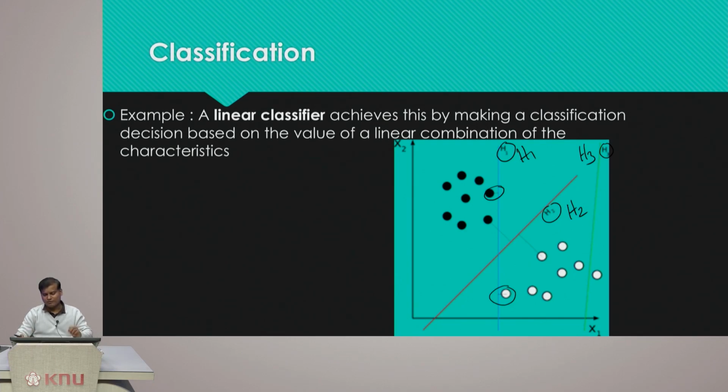Let me give an example. If you want to have a review for movies, you want to know whether this movie is good or bad, and if you want a classifier to classify this movie as a good movie or a bad movie, then you would like to have a classifier that clearly shows you whether this is a good movie and this is a bad movie.